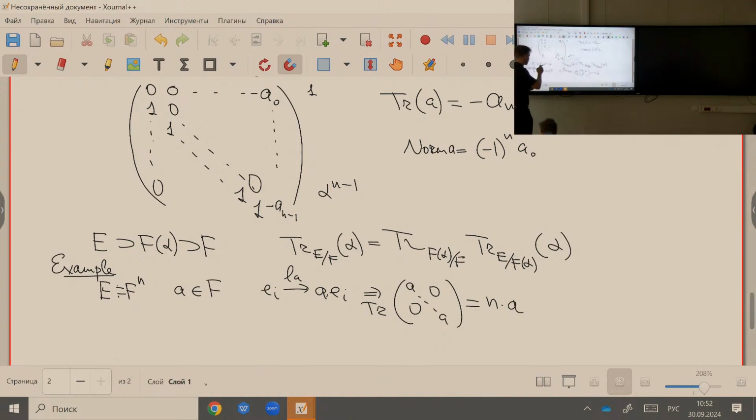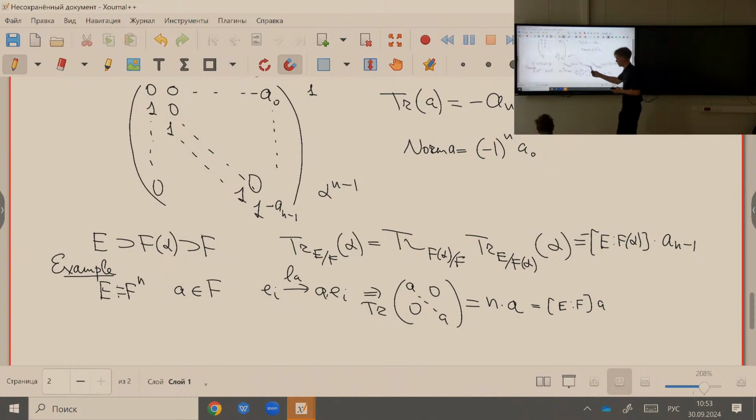So when you calculate the trace of an extension, you just have to write down, so here you take alpha already from the field you consider, so you have to consider E over F, to multiply it by the degree of the extension, and then it's just the degree of the extension of E over F. So the formula looks like this, minus a n minus 1 times this extension degree, via this formula of composition of spaces.